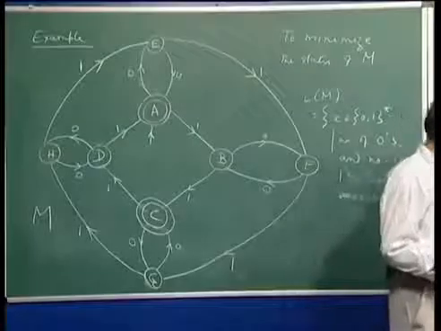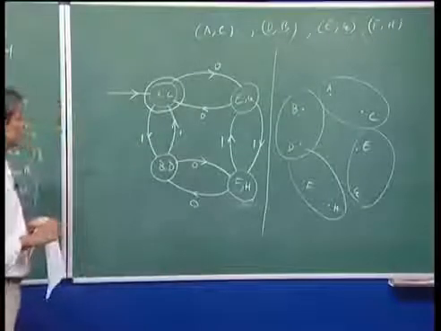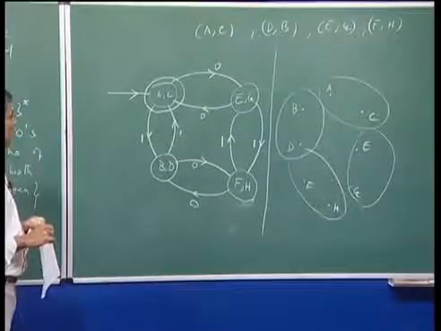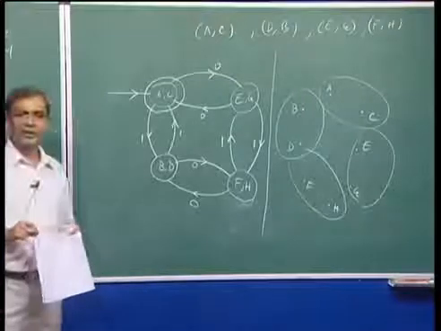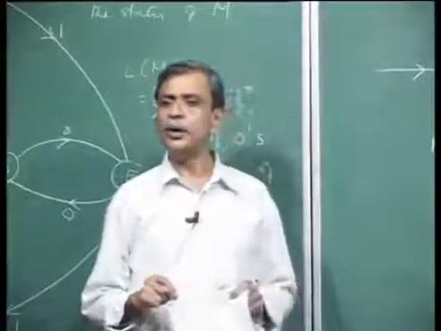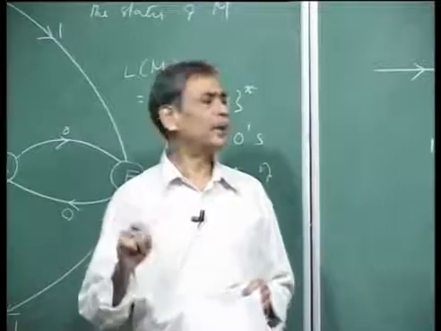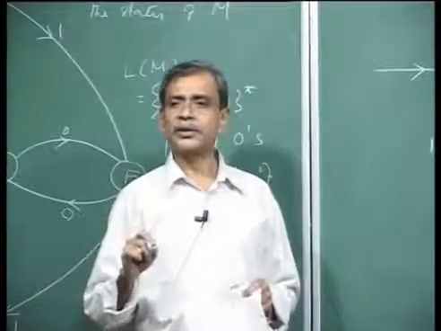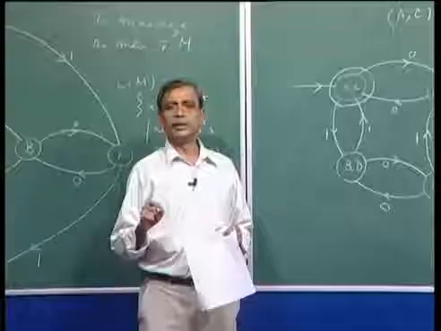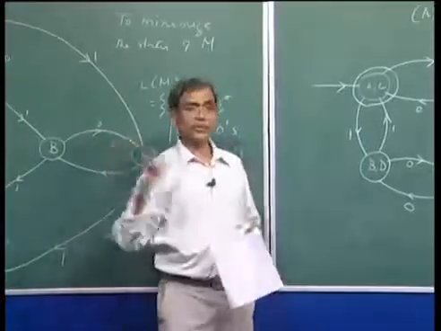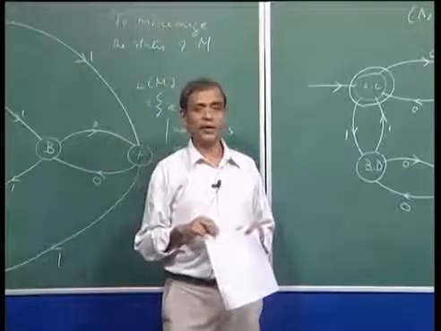So, to complete, let me just summarize the algorithm for minimization. First of all, you start with the process of finding all pairs of states in the given automaton whose states you would like to minimize.